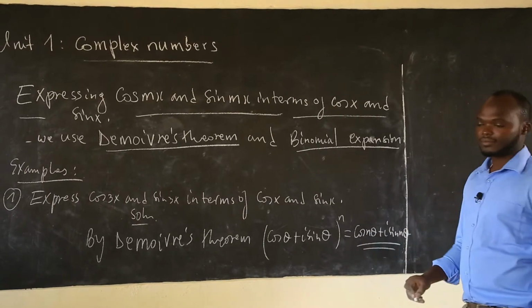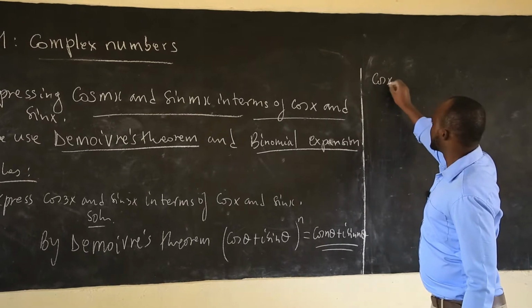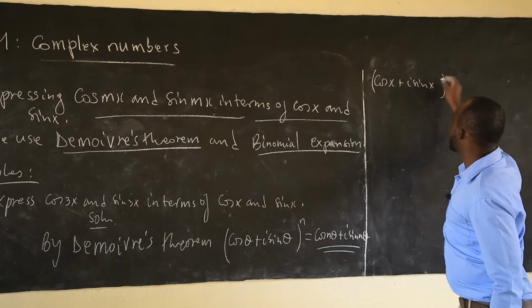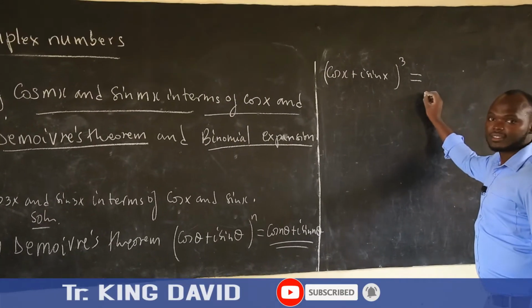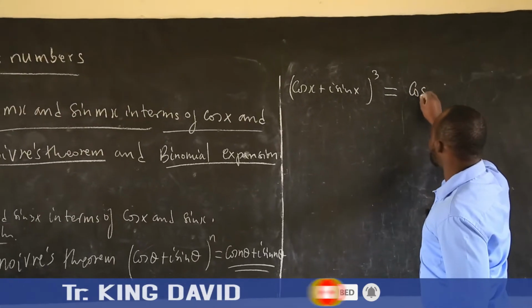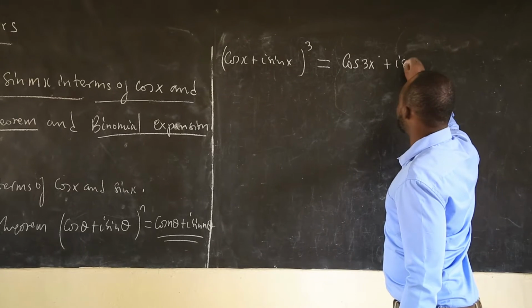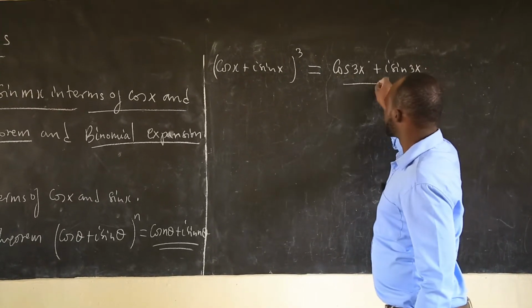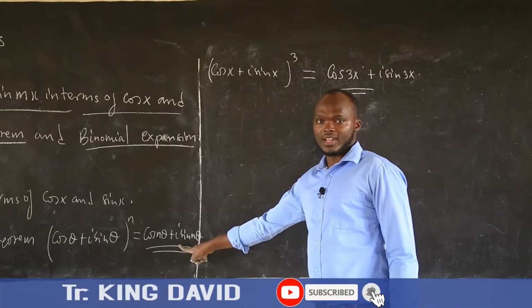That's how it says. So our cos x plus I sin x power 3, the answer is cos 3x plus I sin 3x, which is true by using De Moivre's theorem.